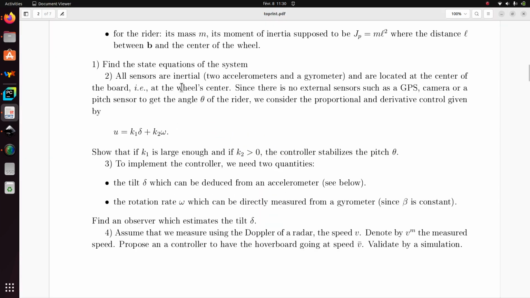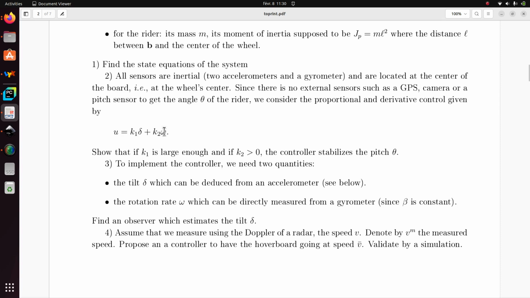Question number 2. We recall that all sensors are inertial. I only have accelerometers and a gyrometer. But we'll assume that we are able to measure delta, corresponding to the tilt, which is not exactly what is returned by the IMU, but we'll assume that at this step we have it. And omega corresponds to the derivative of delta and also to the rotation rate of the board.